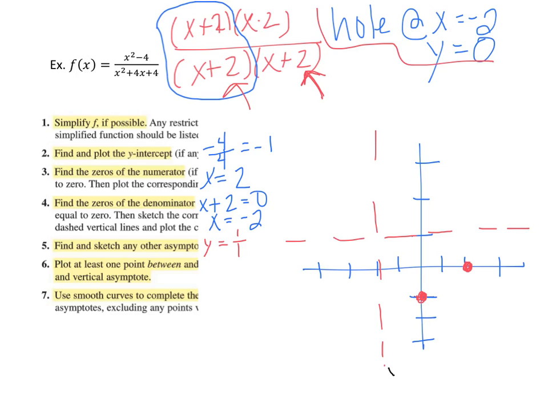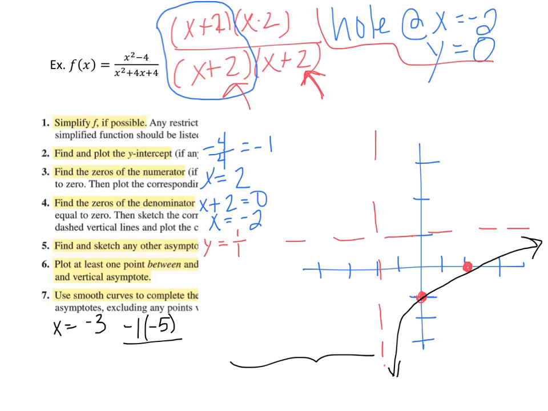Plotting. All right, I already know I'm going to be down here in this corner because of my 2 points that are plotted. I only need to test my left section. So if I test x equals -3, and I'm going to plug into the factored form, that'd be -1 times -5 over -1 times -1. +5 over +1 is going to be 5.